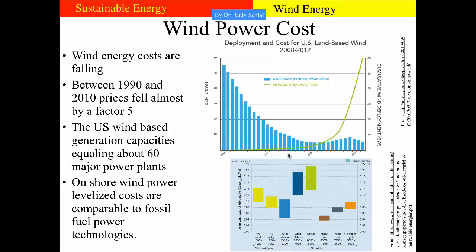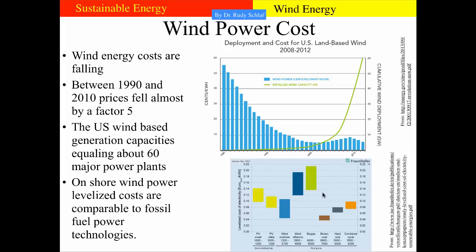At the same time, the number of installed wind turbines increased dramatically. There is now an installed capacity of 60 gigawatts in the United States, which is the equivalent of about 60 major power plants.